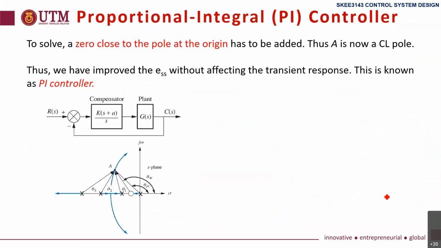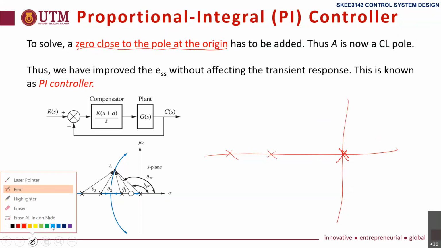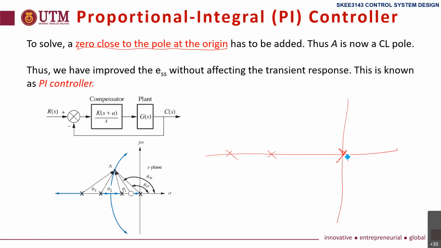It can be solved by adding a 0 close to the pole at the origin. That means now I add, let's say 2. We add 1 pole here to get 0 error. Then we have to add another 0 near to the pole, a very small value.